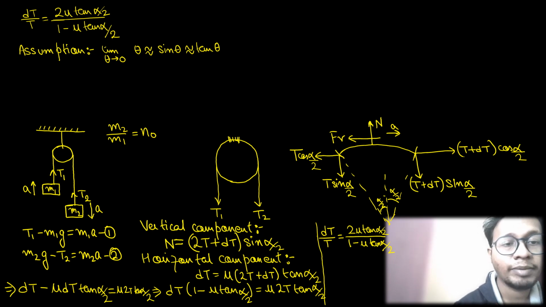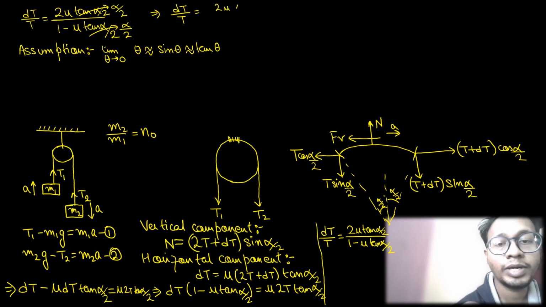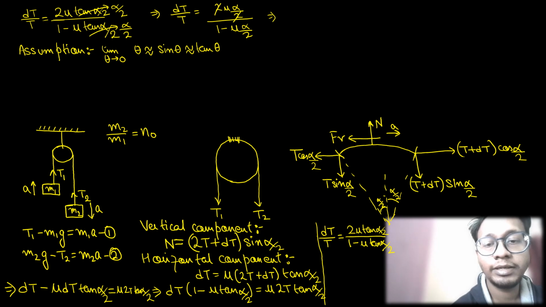So tan alpha by 2 will be converted to alpha by 2, and mu tan alpha by 2 would be converted to mu alpha by 2. So dT by T would be 2 mu alpha by 2 divided by 1 minus mu alpha by 2. The 2s get cancelled, so dT by T would be mu alpha divided by 1 minus mu alpha by 2.